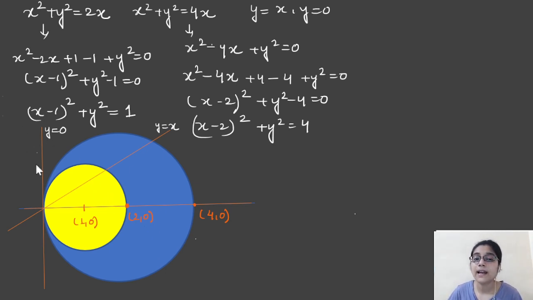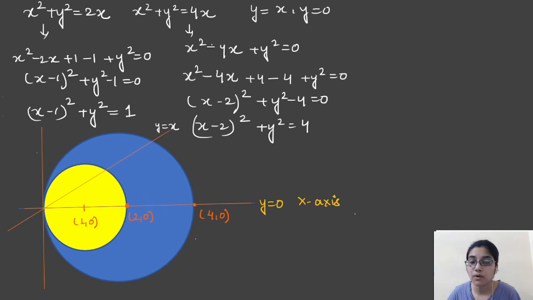Now the area is bounded by these lines. This is y = 0, because this is the x-axis, and this was the y-axis.